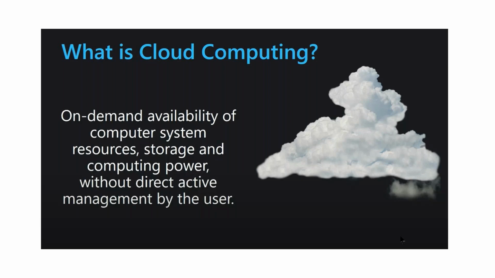However, with the introduction of cloud, everything has changed now. Our servers are no longer sitting inside our local data center. Our infrastructure is no longer sitting inside our local server room. Rather, it is being offered by a cloud provider like AWS, Azure, Google Cloud. So many clouds are there.